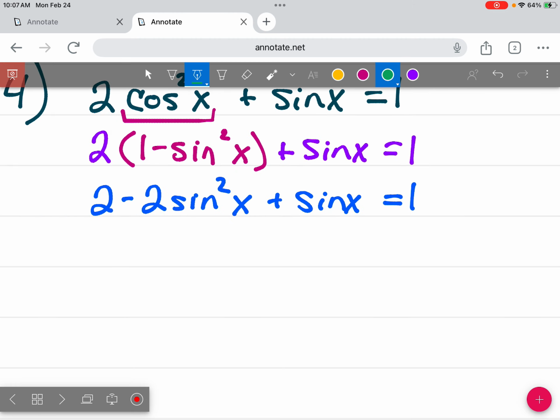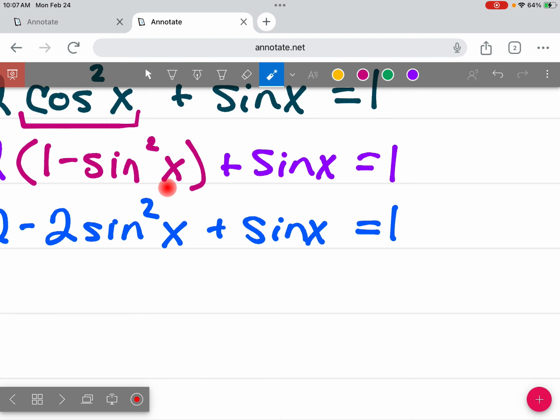Then what should we do? You could subtract 2. It's not going to be super helpful though. I see a square and a non-squared piece of the same thing. So this is probably going to be something quadratic-esque. So let's see if we can get it equal to 0.